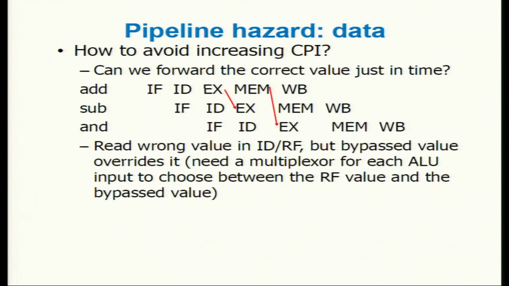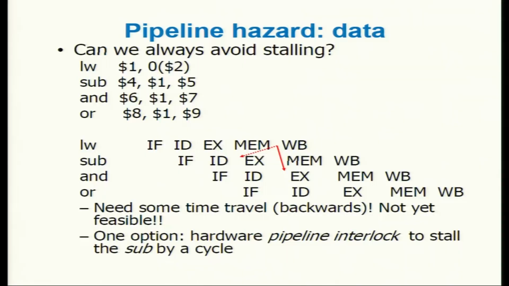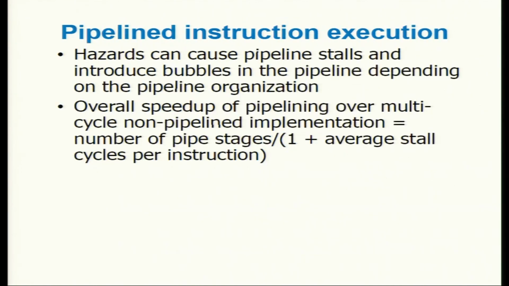Unfortunately, you cannot do this all the time. So there are places where you have to introduce stalls and all. I'll skip this example, which shows why you have to introduce stalls. So essentially, hazards can cause pipeline stalls and introduce bubbles in the pipeline, depending on the pipeline organization.